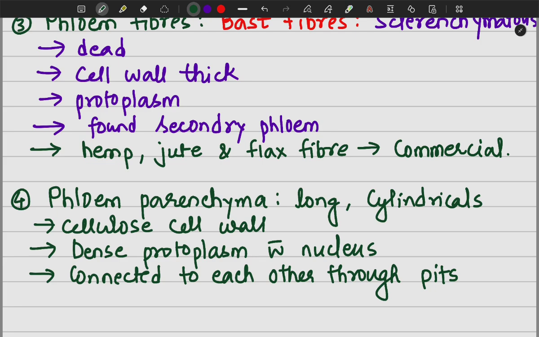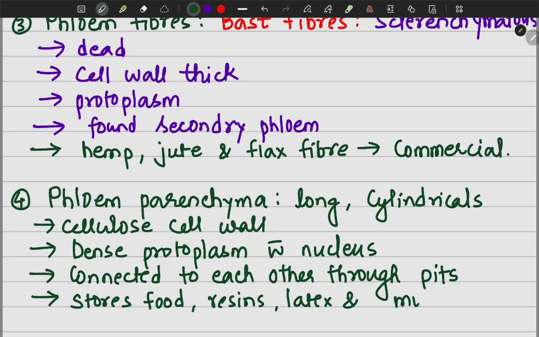Alright, so since parenchyma is mainly involved in the functions of storage and secretion, this phloem parenchyma stores food along with resins, latex, and mucilage.